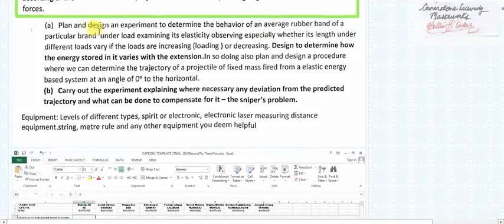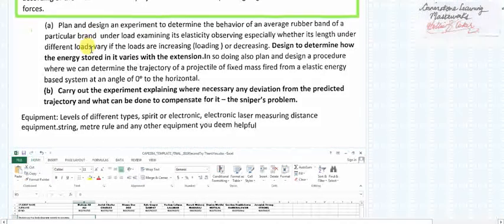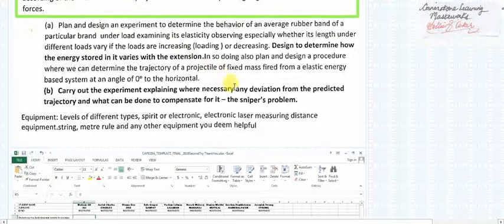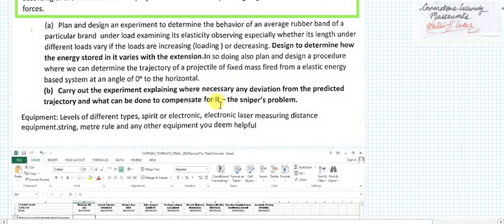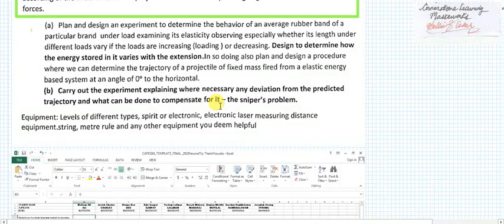If I want to find out how length varies with the loads, just the process of obtaining that graph, force against extension, will show how length varies with the load. The varying length is actually the extension. So obtaining that graph, with a particular brand of rubber band or whatever, is what you're going to explain in the first part of your plan design.